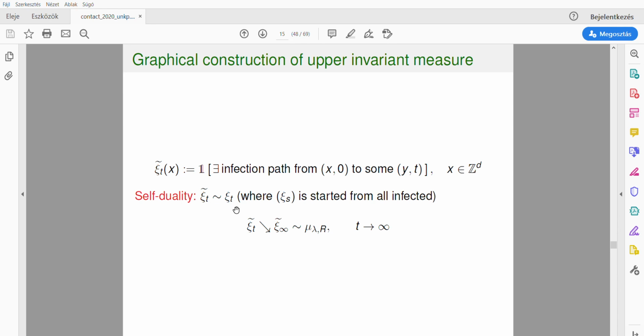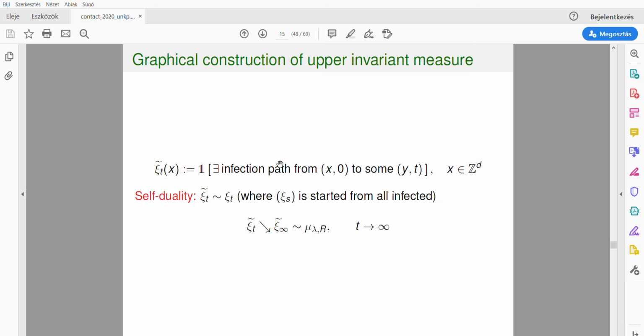But then the funny thing is that in this construction, this is a decreasing sequence, because if there is an infection path up to time t, then necessarily there was an infection path up to time s for any value of s less than t. So this is a decreasing sequence. So they converge monotonically to something, and that something, that configuration, has the distribution of the upper invariant measure.